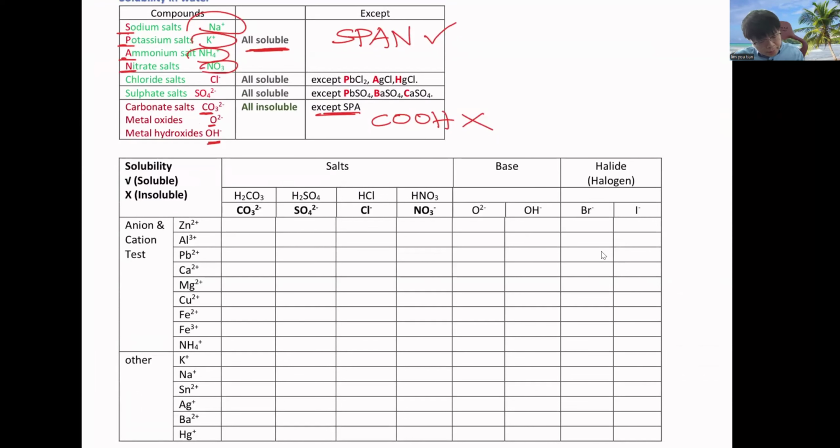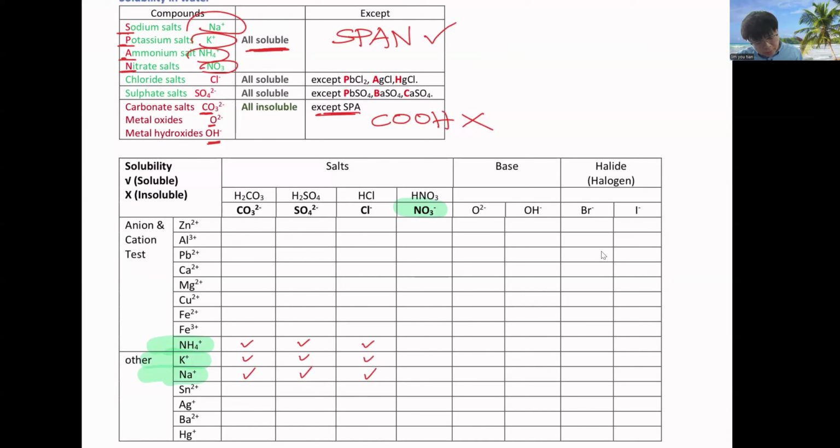Anything with sodium, potassium, and then where is my ammonium? Ammonium is here. Then after that, nitrate will be all soluble. So anything with these three, no matter who they pair with, will be soluble.